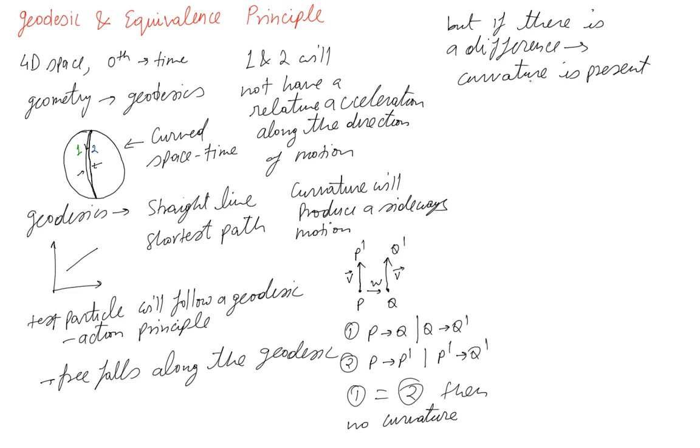And this is a measure of the curvature. And this actually involves things like the Riemann tensor, which I'll probably talk about in the following class or the class after.